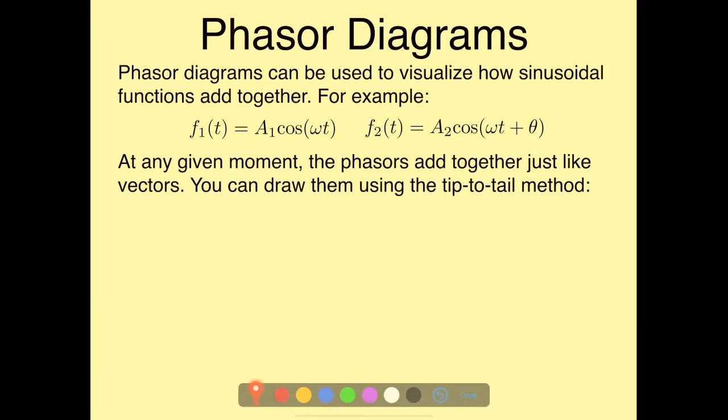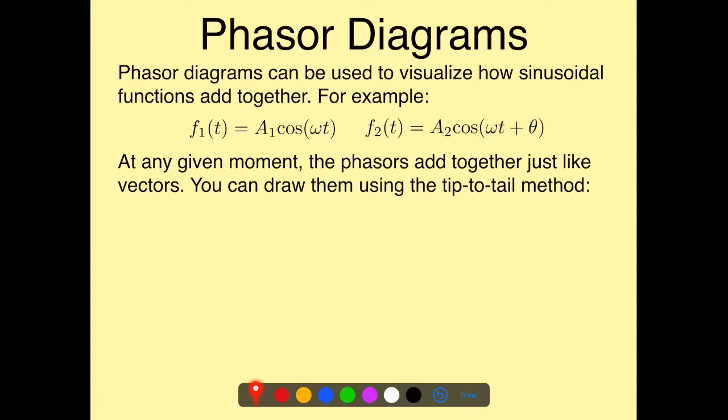Okay. And we can also use phasor diagrams to visualize how different sinusoidal functions add together. So for example, let's say we have f1 as a function of time, which equals A1 cos(ωt). And then we also have a second function, f2, which is equal to A2 cos(ωt + θ).